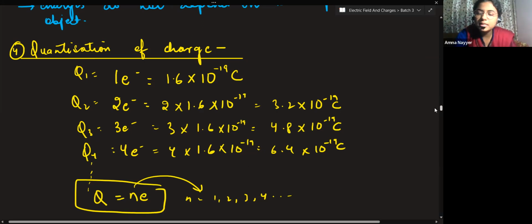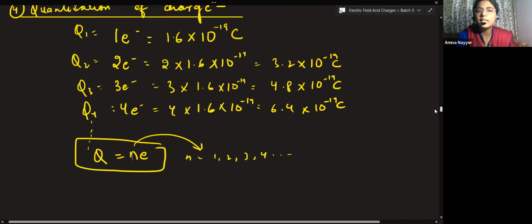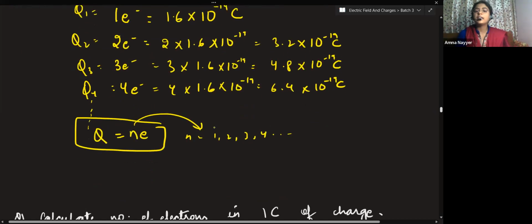And this means that all the observable charges that are present in nature are integral multiples of this only, 1.6 into 10 to the power minus 19. Whatever you have as a charge will be a multiple of this.